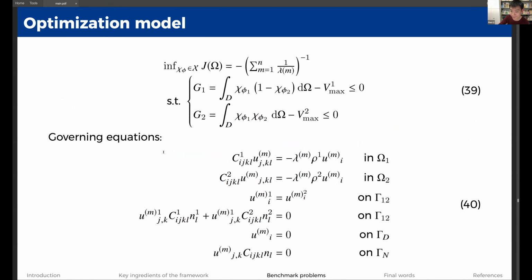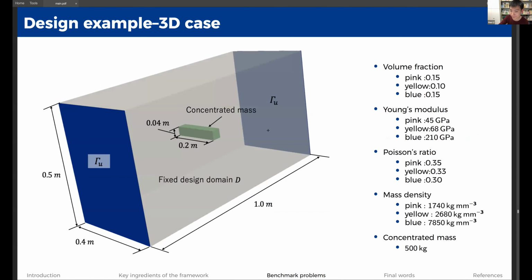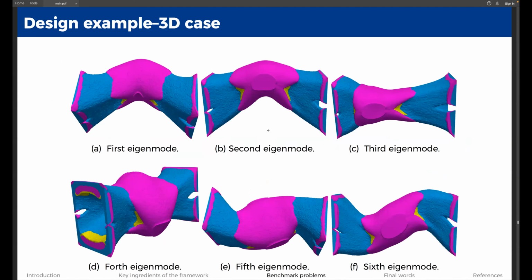Yes, in the 2D case, we compute 3 eigenvalues, and in the 3D case, we compute 6. Okay, so if you switch, for example, to 4 eigenvalues in 2D and 10 eigenvalues in 3D, are the designs different or mostly the same? Can you comment on that?